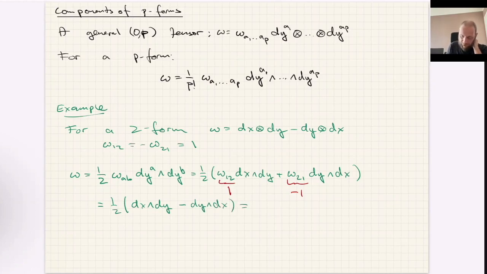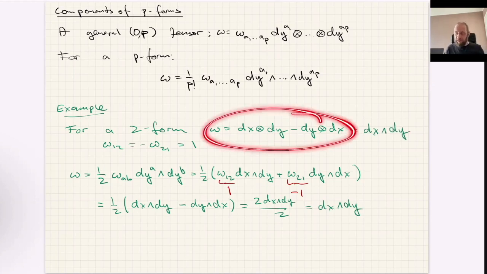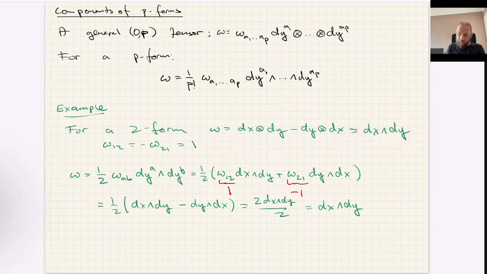Using the antisymmetry property, this is 2 dx wedge dy divided by 2, so just dx wedge dy, which happens to be just what we started with. You can see that we had 2 terms in this wedge product, and that's why we needed to divide by 2 in order to get the normalization correctly.